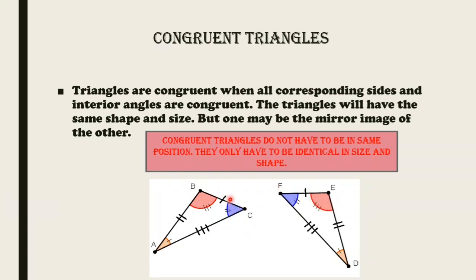And two corresponding equal angles are closer to each other, that is angle C and angle F. So congruent triangles means their corresponding sides are equal and their interior angles are equal. They are the same shape and size but need not be in the same position.